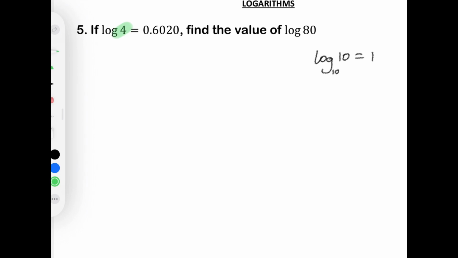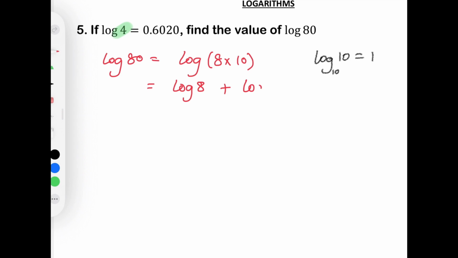So first of all we can split logarithm of 80 as logarithm of 8 times 10, which can be written as logarithm of 8 plus logarithm of 10. So the value of logarithm of 10 is 1.